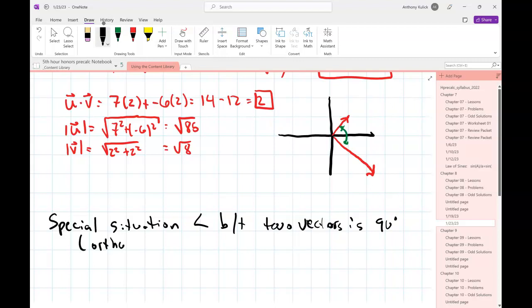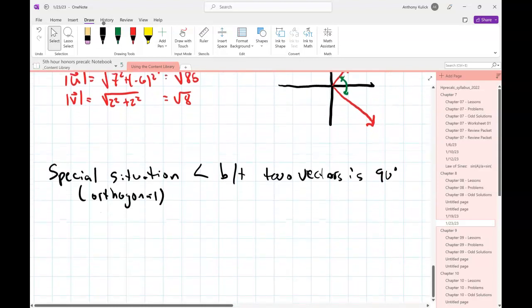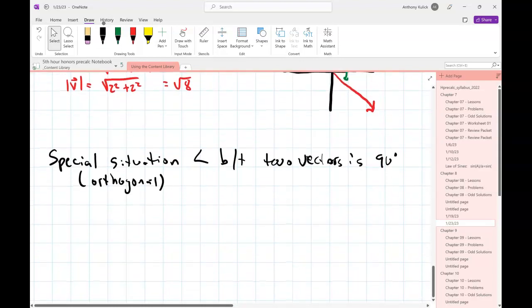We call two such vectors orthogonal, the word we use when the angle between two vectors is 90 degrees. Let's think about how we could check to see if two vectors are orthogonal.